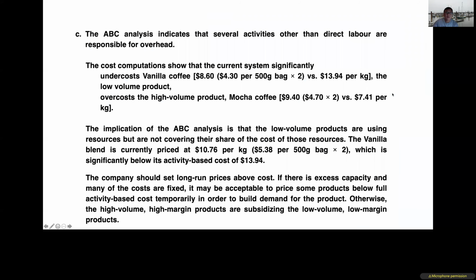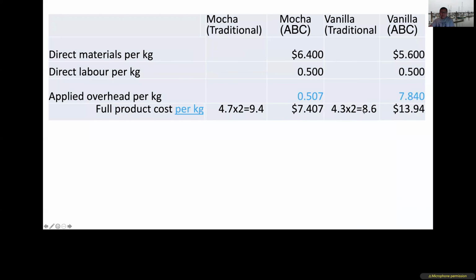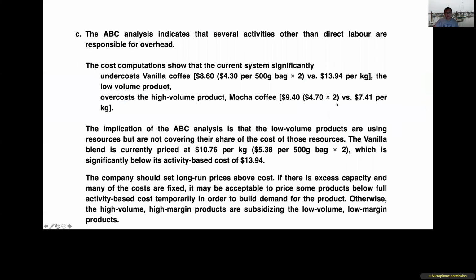So what happened is you can see this low volume product is undercosted under traditional costing. The cost is 8.6 under traditional, significantly lower than the ABC cost of 13.94. And traditional costing overcosts the high volume product.